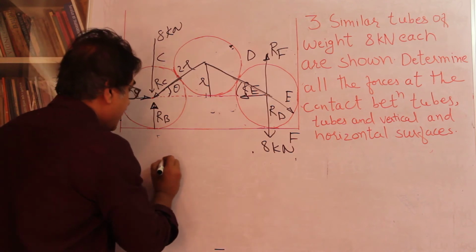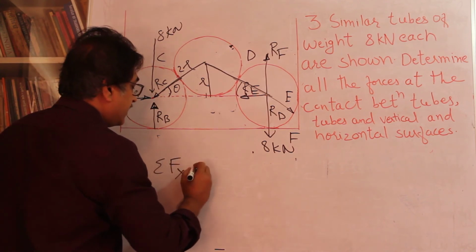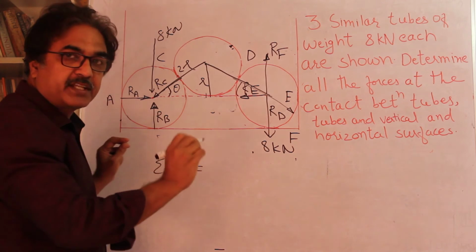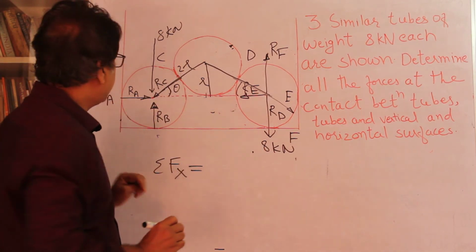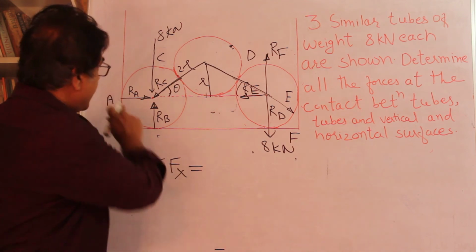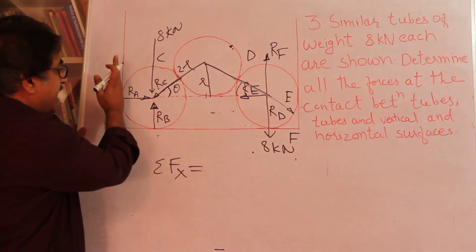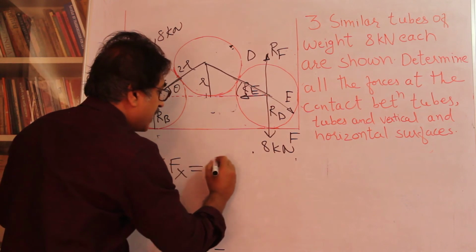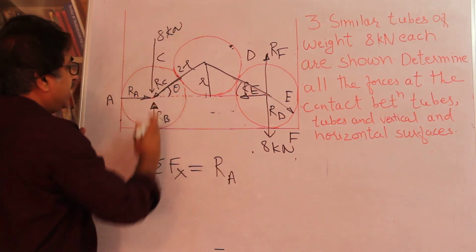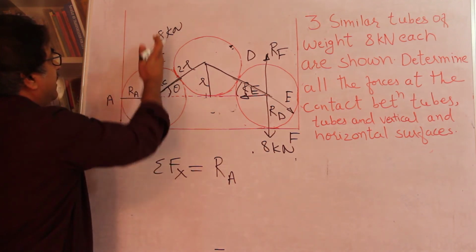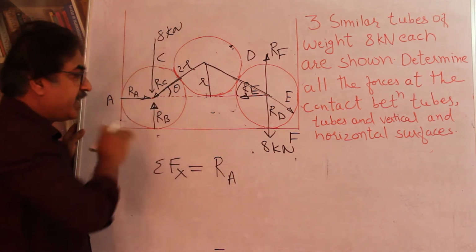And let's say sigma Fx. We are going to write down the expression for sigma Fx and equate it to 0 because all of them are in equilibrium. So what is this? Ra is towards right. Ra is the normal reaction from the vertical surface. So Ra, okay. Then this vertical Rb and this downward force will have no bearing on horizontal.